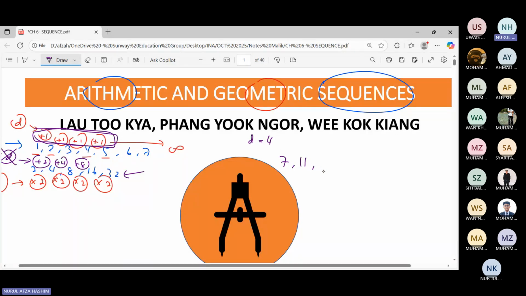Okay, after that, 15, after that, 19, after that, 23. So you continue until n. So between the numbers, the difference is D.